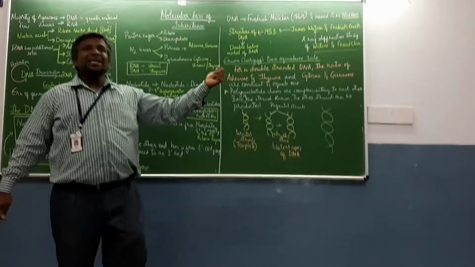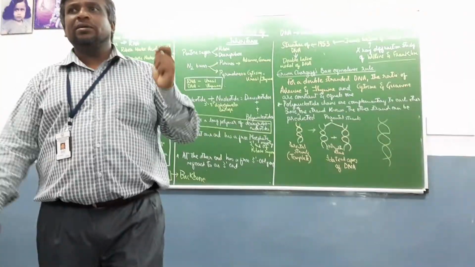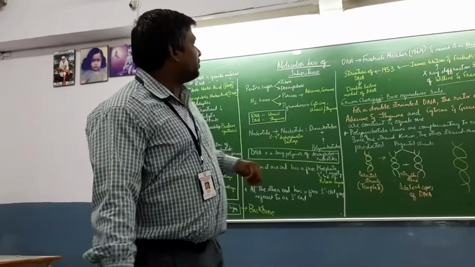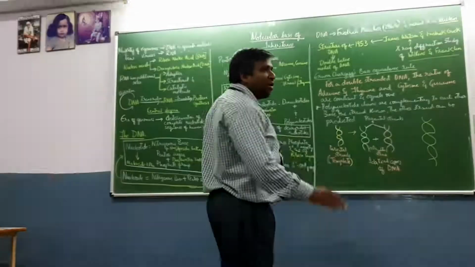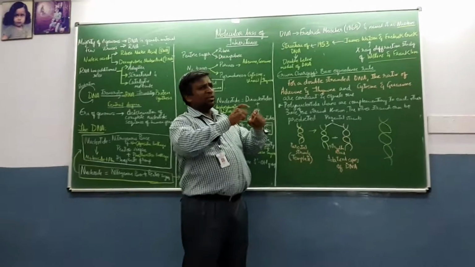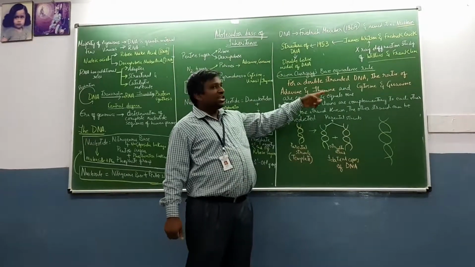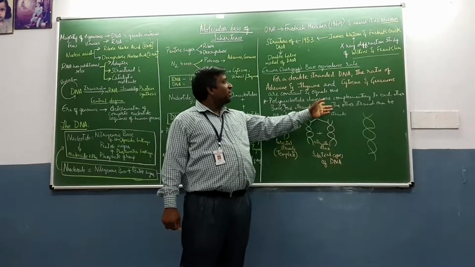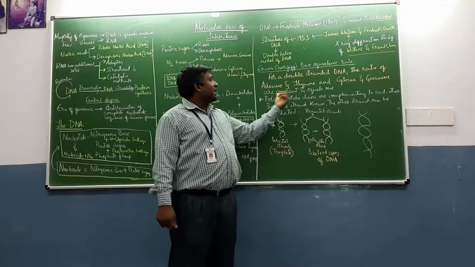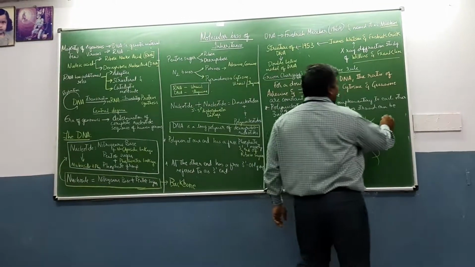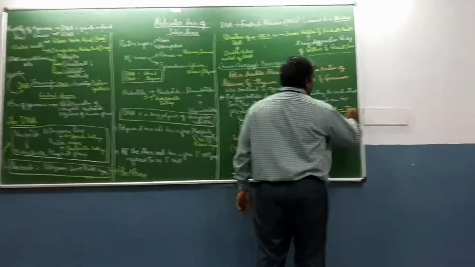There is also a scientist, Chargaff, who put forth the base equivalence rule. According to Chargaff's base equivalence rule, for any fragment or length of DNA, the ratio of adenine to thymine and the ratio of cytosine to guanine are constant and equal to 1. Adenine base pairs with thymine, the bond is a double bond.